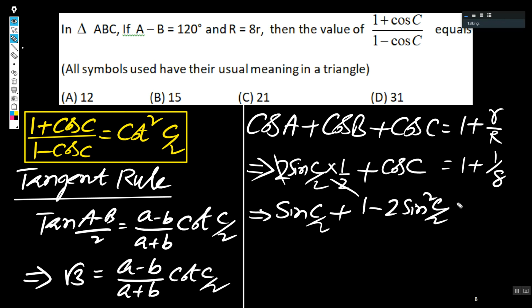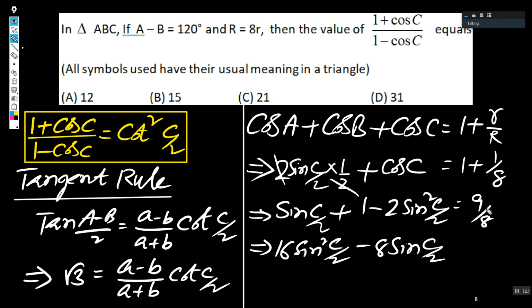Can you solve and tell me the sin C by 2 value? If you get sin C by 2, it is done. 2 sin square C by 2, bring it to the other side. This is 16 sin square C by 2 minus 8 sin C by 2, and plus 8, 9 minus 8, 1, is equal to 0. Anyone, please? What should it be now?